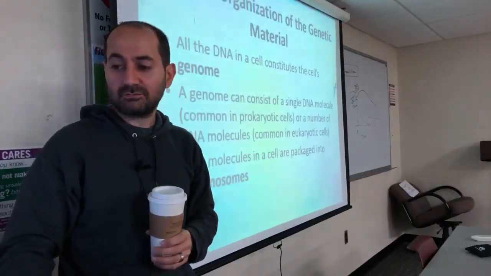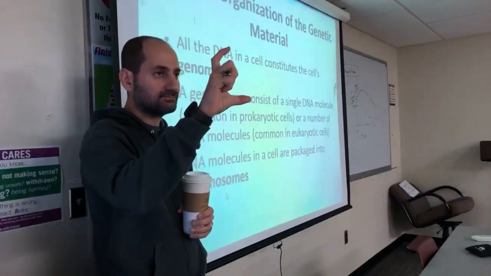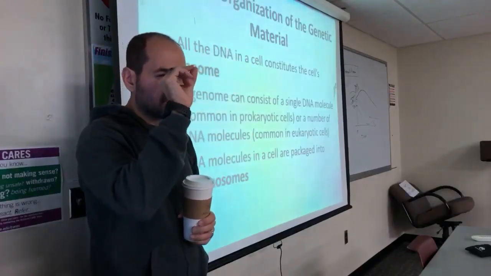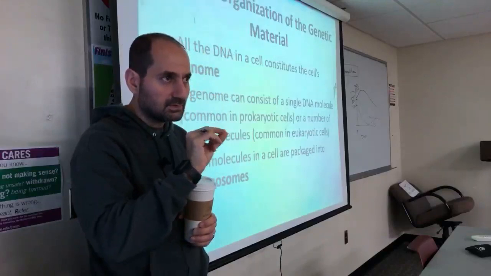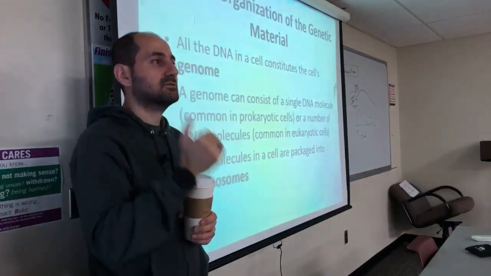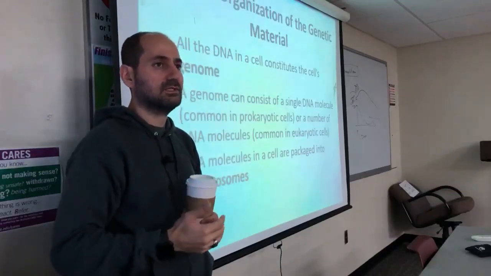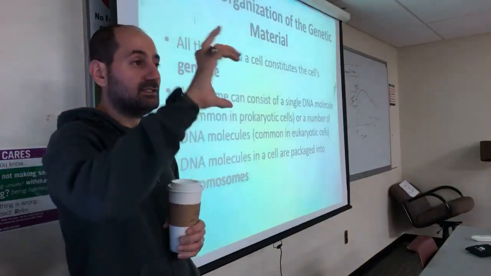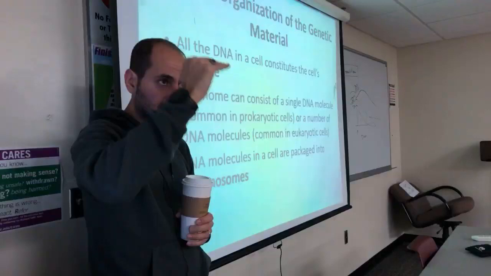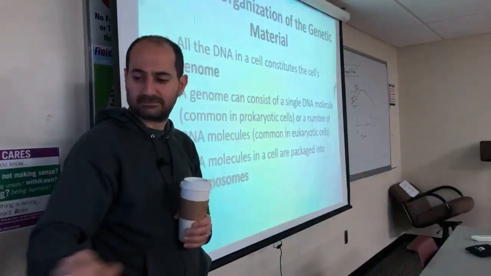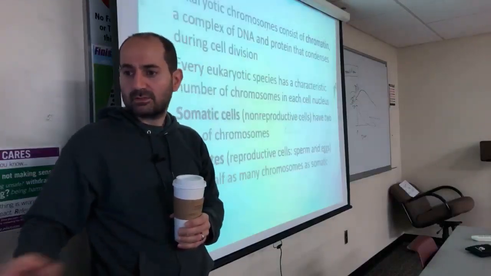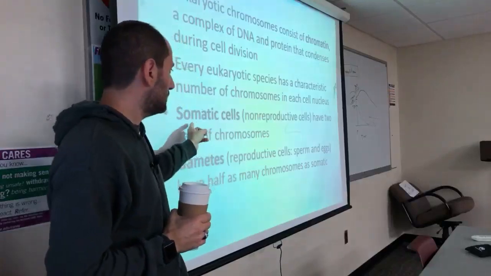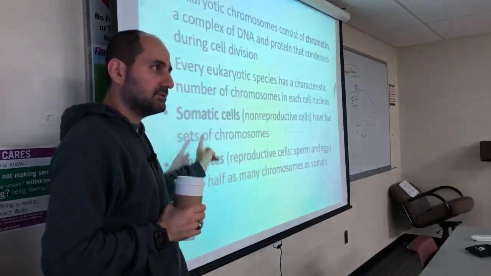And the chromosomes are very long. Different parts of the chromosome are called the genes. Those are the parts that code for the proteins, right? Genes are the information to make a protein. And each chromosome is very long. It has many genes on it, right? So somatic cells are your non-reproductive cells.